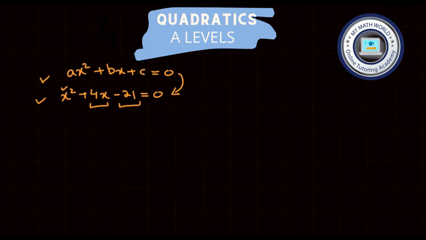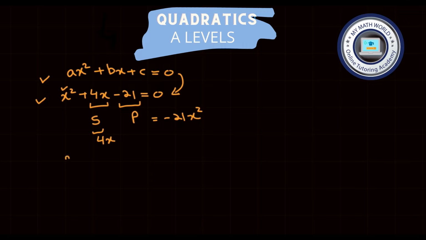We have to choose a pair of numbers whose sum should be this positive 4x and whose product must be negative 21 x square. We have to consider a pair of numbers which satisfy these two conditions.